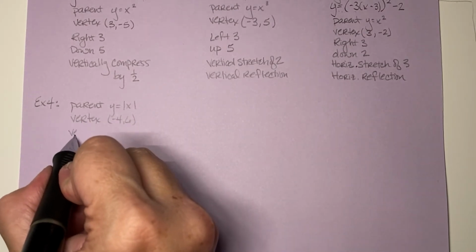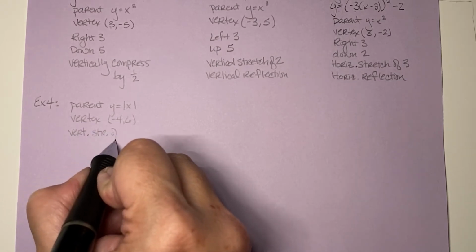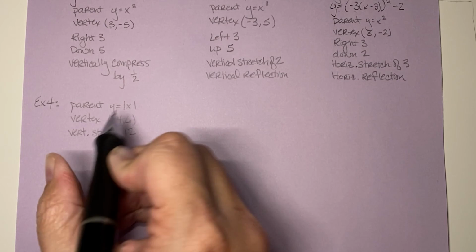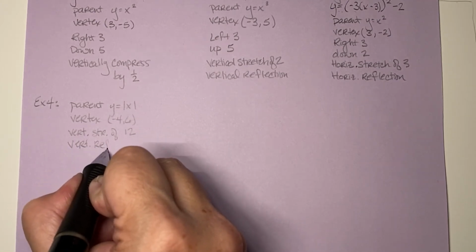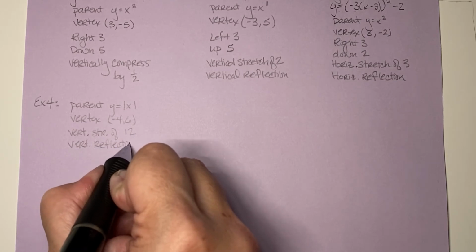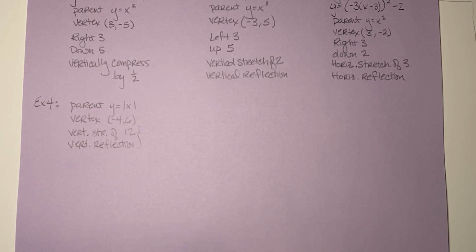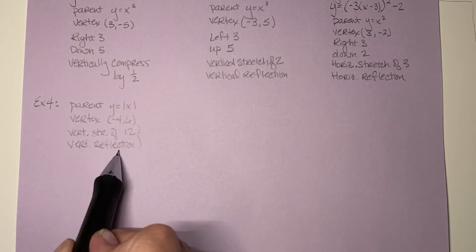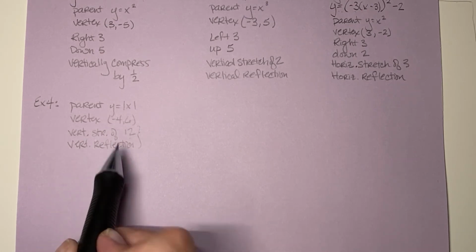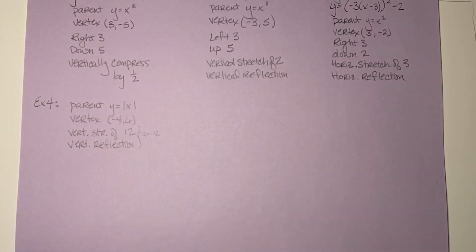We have a vertical stretch of 12 and a vertical reflection. Both of these affect our A. So our A is 12 and the vertical reflection negates it, so A is actually going to equal -12.